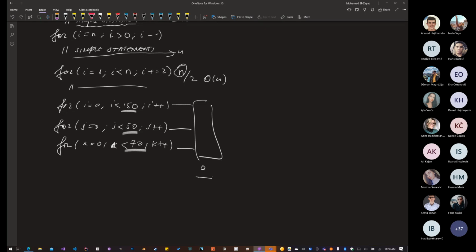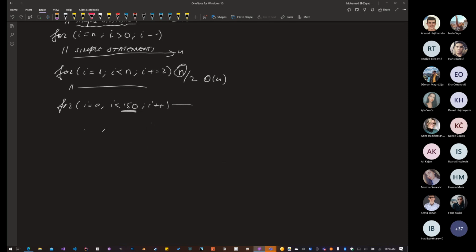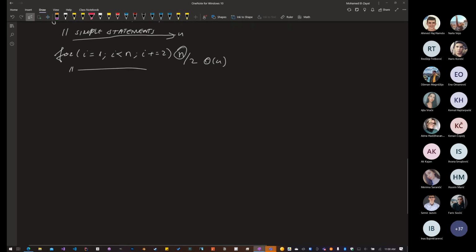All right, so let me remove this. Thanks for the question, and let's go ahead and dig deeper. So we said this was one of the patterns, and then you figured out another pattern, which is a nested for loop.